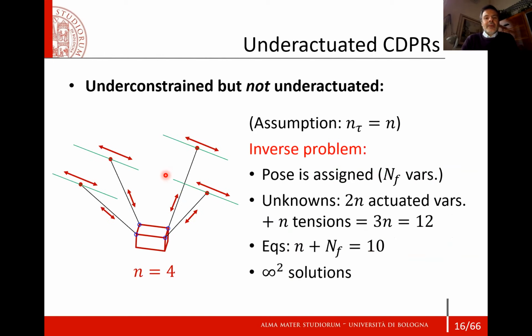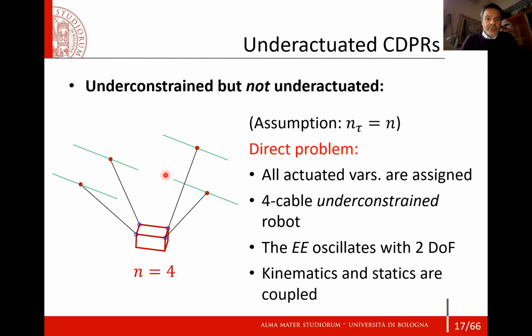Why? Let's go directly to it. If we try to solve the inverse problem, namely, if we completely assign the end effector pose and we ask the question, can we find some actuation variables so that both kinematic equations and equilibrium equations are satisfied? The answer is yes, and there are infinite solutions. And now I don't want to focus on this because I have no time.